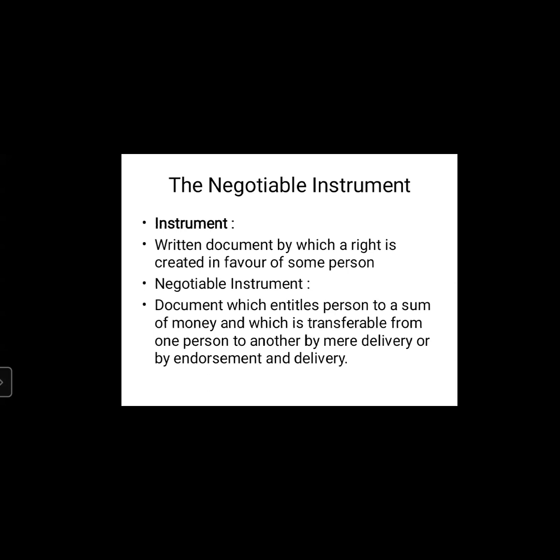If on a piece of paper it is written that I will pay Mr. So and so a particular amount by this date, and all the formalities are complete, then we can say that that particular written document will be called a negotiable instrument.